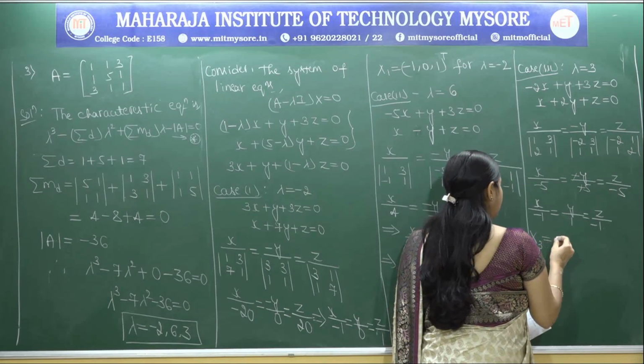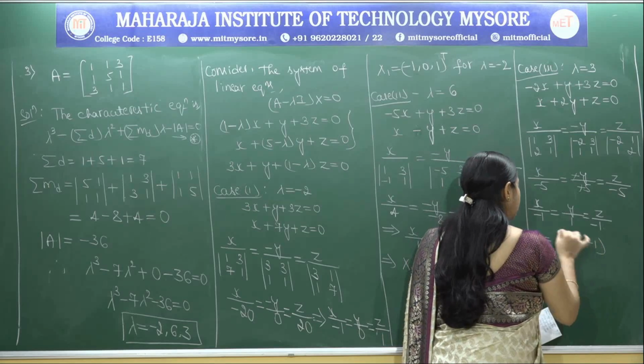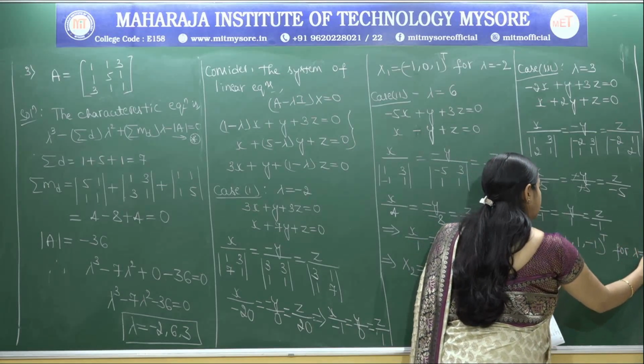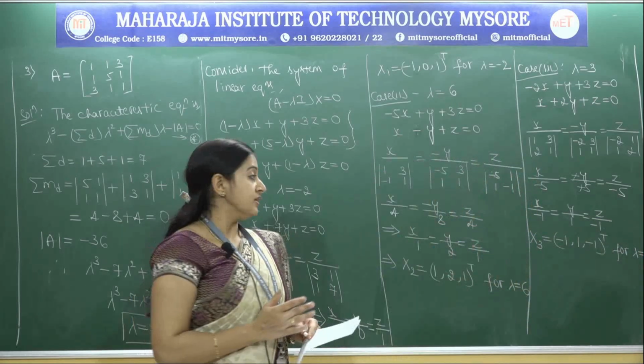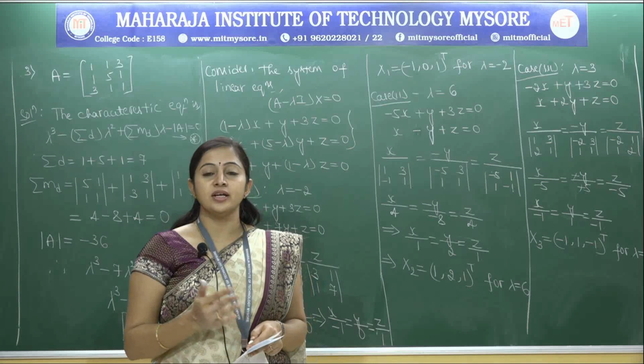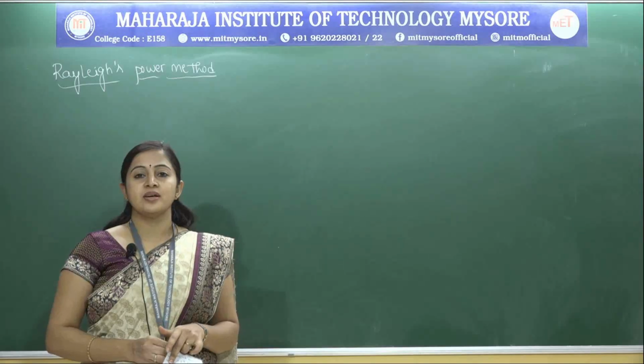So the third eigenvector, it is minus 1, 1 and minus 1 for lambda equals 3. And these are the analytical methods to find the eigenvalue and the eigenvector to the given square matrix.